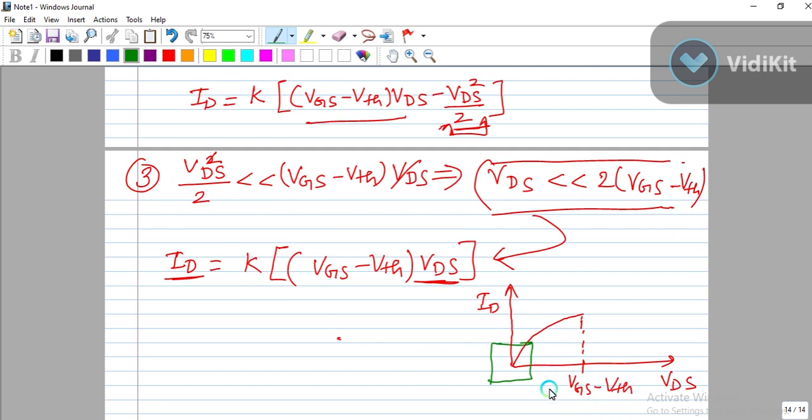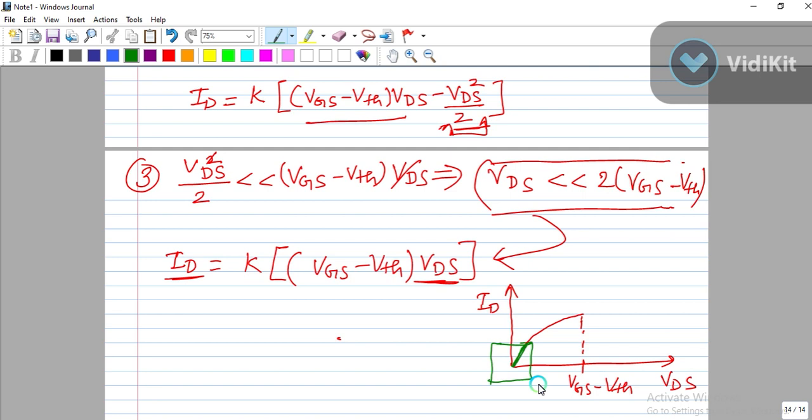So in this case, ID is linear to the VDS. As VDS increases, ID will increase with respect to VDS linearly. This is the third point. I hope there will be no issue.